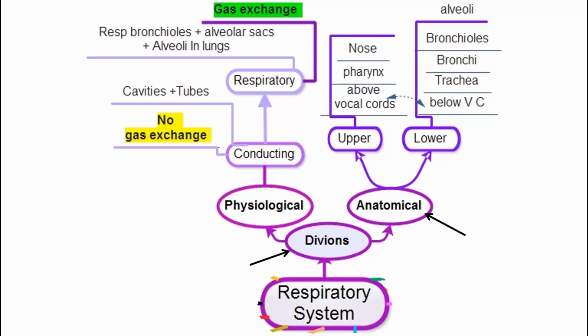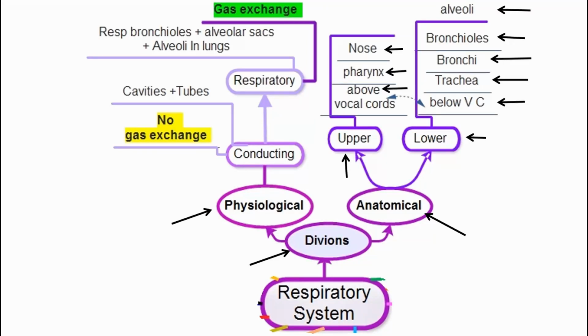The anatomical divisions of the respiratory system are either the upper part, which is above the vocal cords and includes the larynx, the pharynx, and the nose, while the lower respiratory passages are below the vocal cords and include the trachea, bronchi, and so many bronchioles, almost 22 divisions of these bronchioles, and at the end we have alveoli.